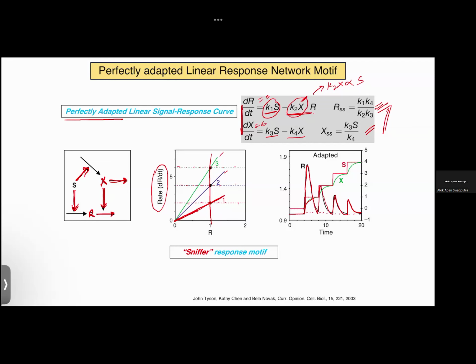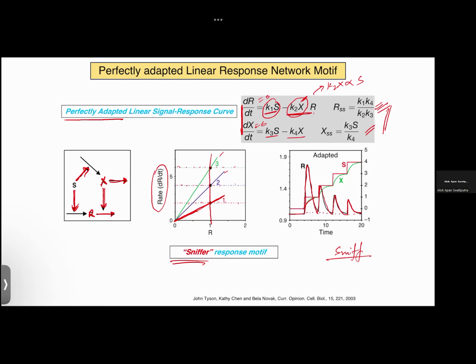And this is called a sniffer response method. The name should suggest something. What do you think it suggests? It's in the name, right? Sniffer. So this is how we sniff things. If you go to the chemistry lab and do an experiment which produces H2S, as soon as H2S is produced, you will get a strong sensation of the smell.